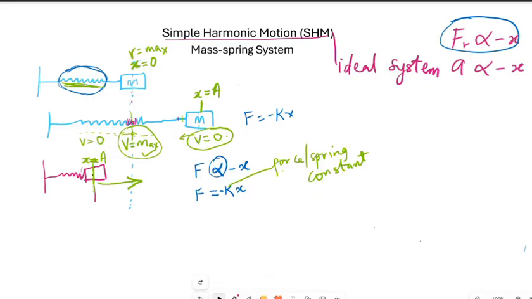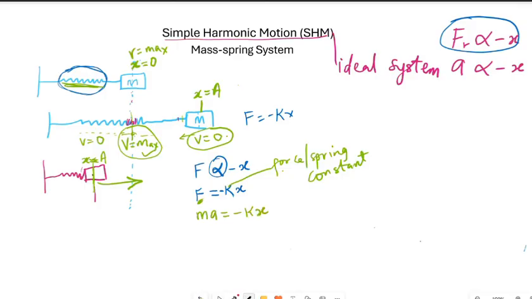Now don't forget that this F that we call restoring force is equal to the force we applied, but once we have removed the force we applied, this restoring force becomes ma, which equals negative kx.